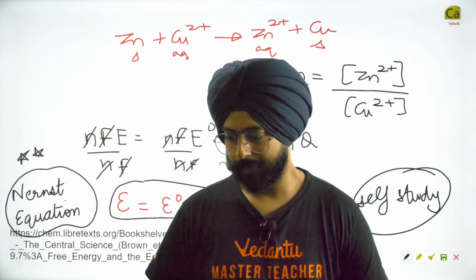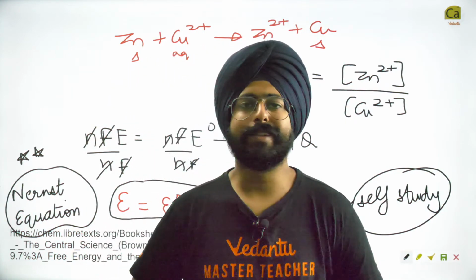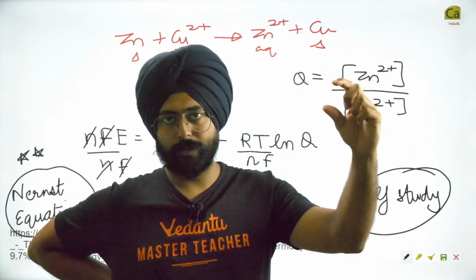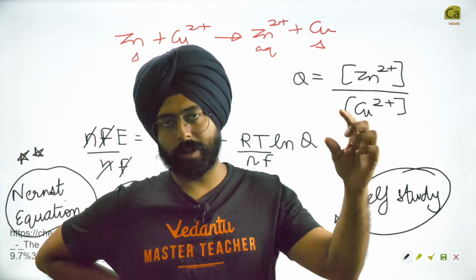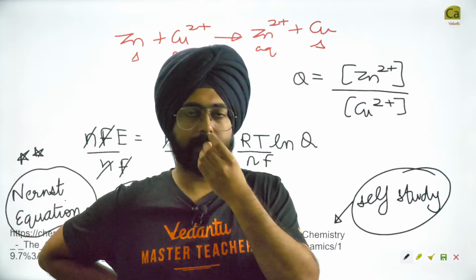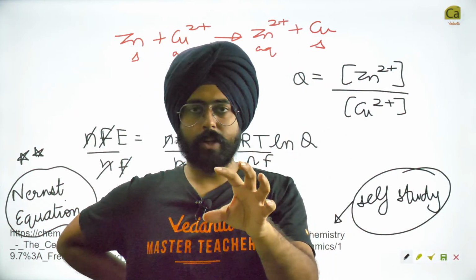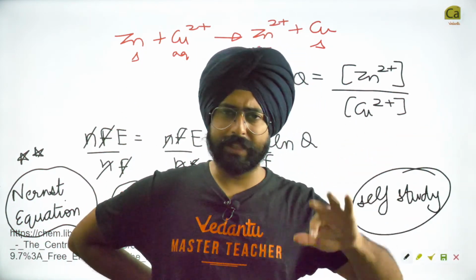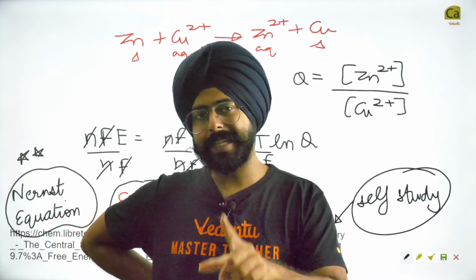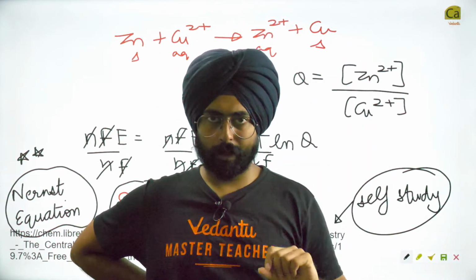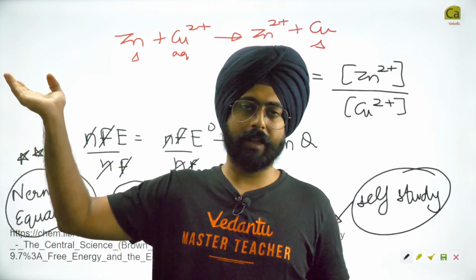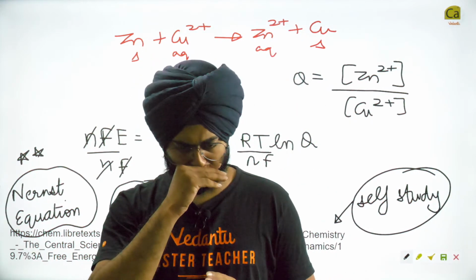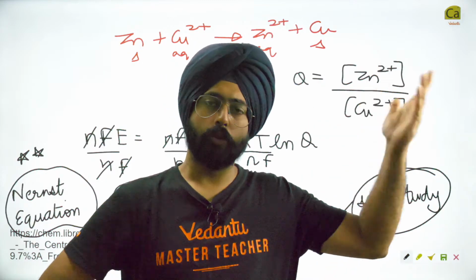ठीक है, बढ़िया. तो चलो दोस्तों, that's it from my side for today's class. I hope you enjoyed. So what did we do today? We understood the basic idea behind what is EMF. And we saw the electrochemical series. We understood how the electrochemical series is derived, and then we used the ideas of the electrochemical series, which are the electrode potentials, to calculate the standard EMF of a certain cell, which was a zinc and iron cell. In that zinc iron cell, we've understood how to read the cell notation. You've got the oxidation half first, then the salt bridge, then the reduction half. And sometimes when you've got different inert electrodes, you mention them as well.